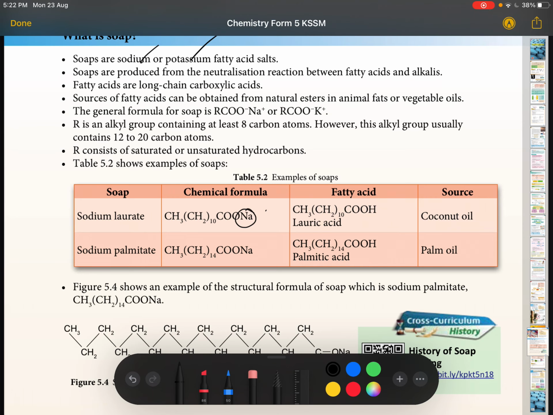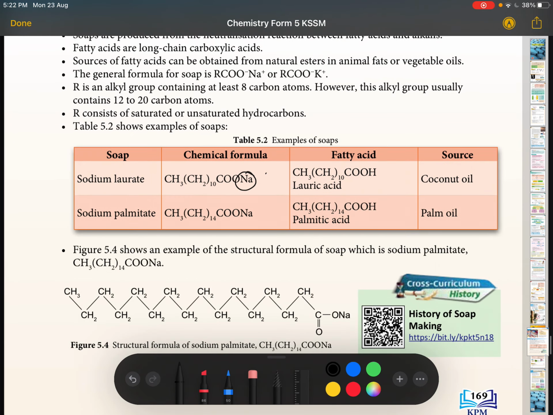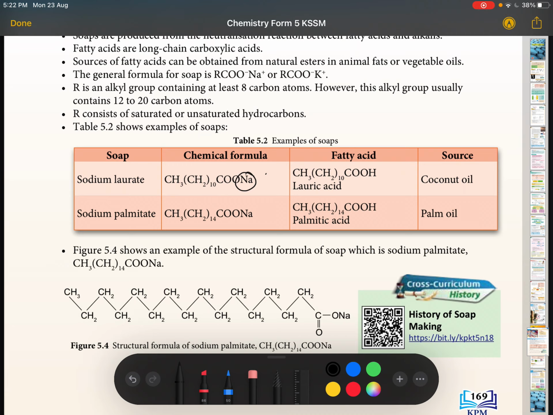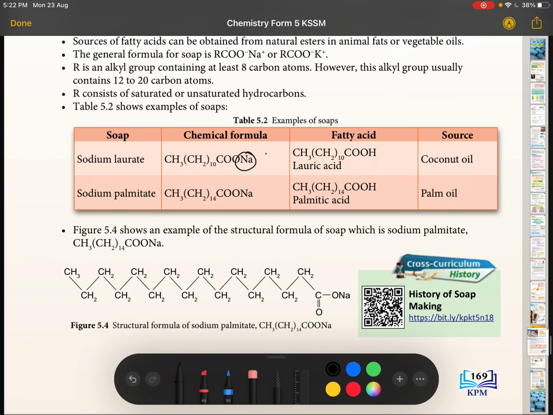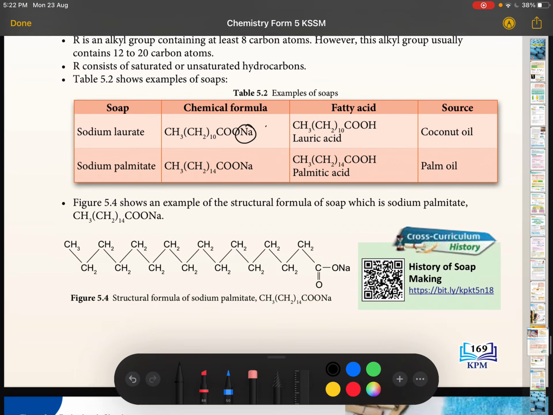It can either be saturated or unsaturated. The examples are sodium laurate from coconut oil and sodium palmitate from palm oil. That's why you always hear that soap can be made from oil. It sounds weird, right? But it makes sense when you think about it, because the fat can be mixed with sodium or potassium to make the soap.